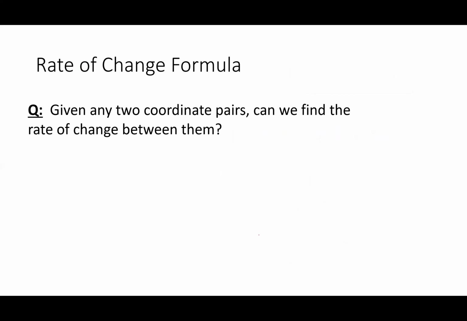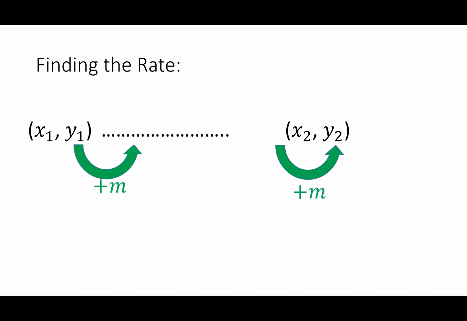So now let's talk about the rate of change formula. Given any two coordinate pairs, can we find the rate of change between them? Well, yeah, if we set this up the same way that we did at the beginning of our problem, if I have some coordinate pair, there's going to be some number of coordinates between them, and I'm adding m each and every time.